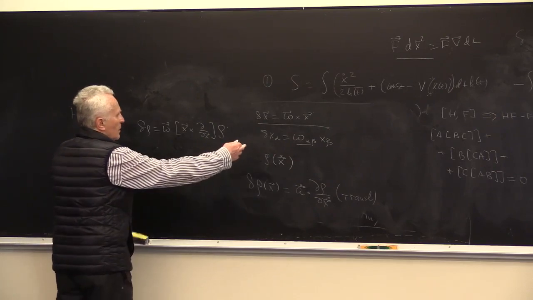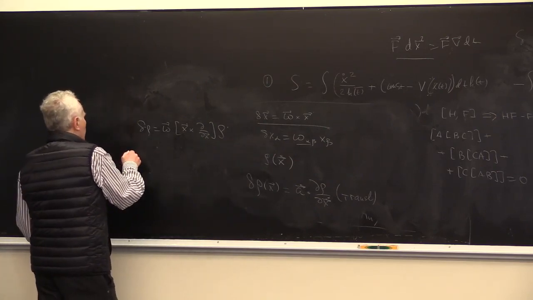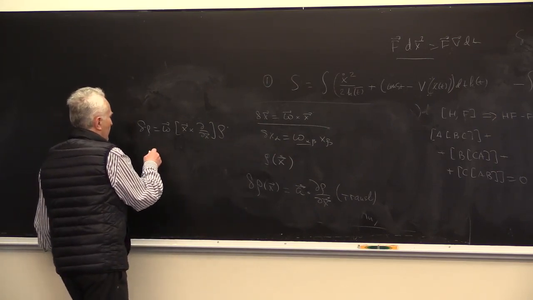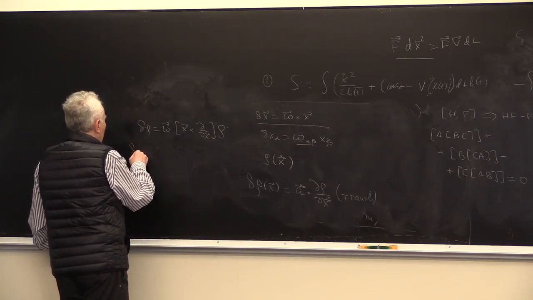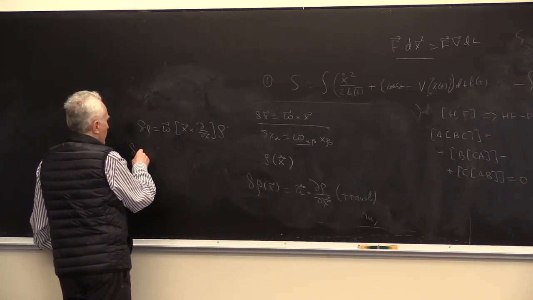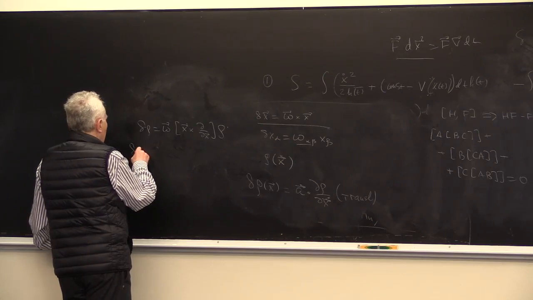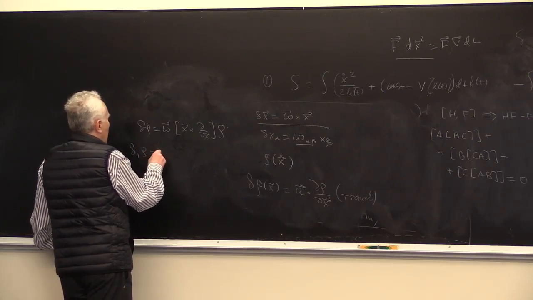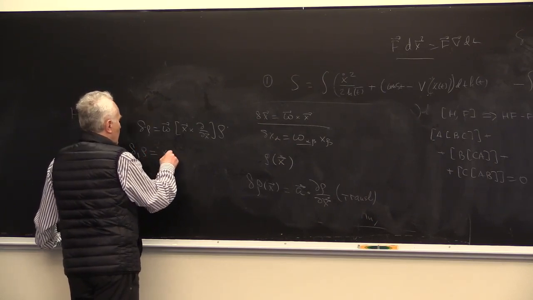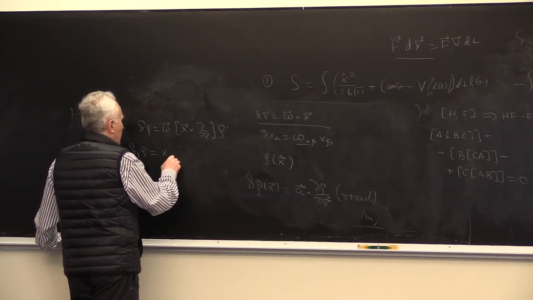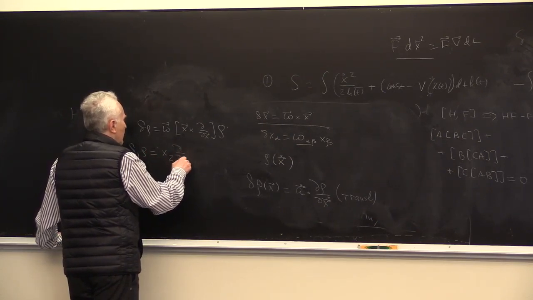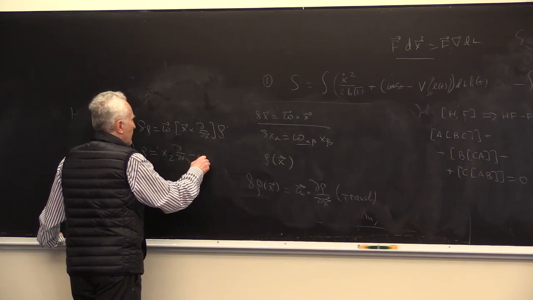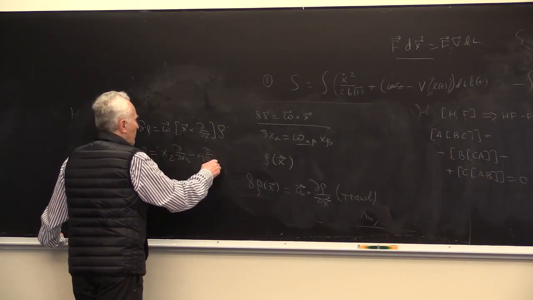So, say, for rotations around the axis number 1, I will have x2 d/dx3 minus x3 d/dx2 applied to ρ.